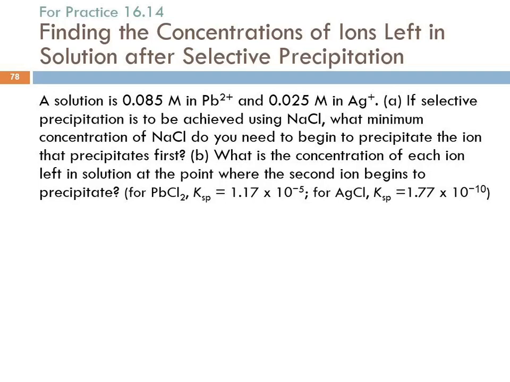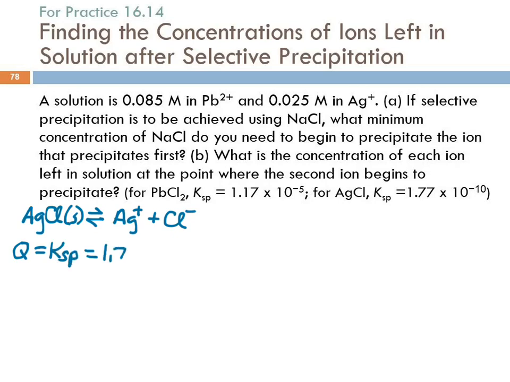So we've got silver chloride, and when that dissolves, we get silver and chloride. So we want Q to be equal to KSP. KSP is 1.77 times 10 to the minus 10.